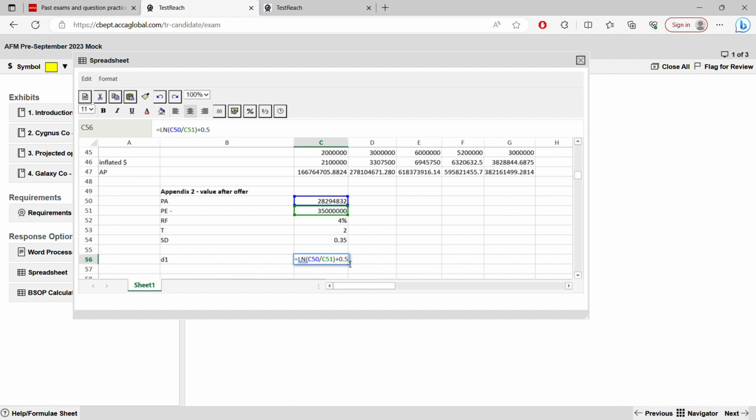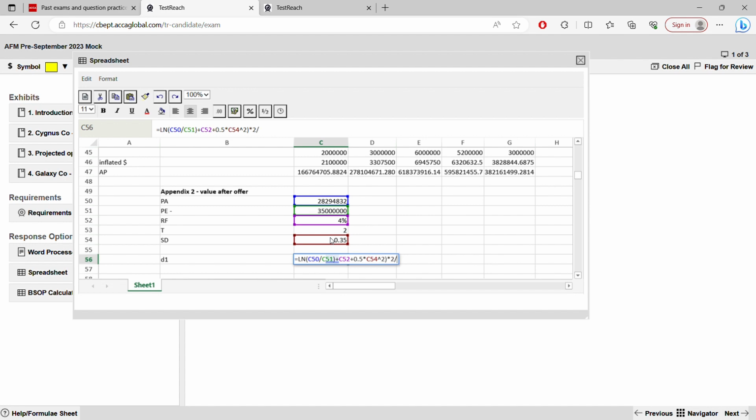Plus 0.5. 0.5 is fixed. It's in the formula. Sorry, first risk-free rate, this, plus 0.5. The 0.5 is fixed, into standard deviation squared. Standard deviation, this squared, you put to the power 2. Okay, this whole thing into 2.